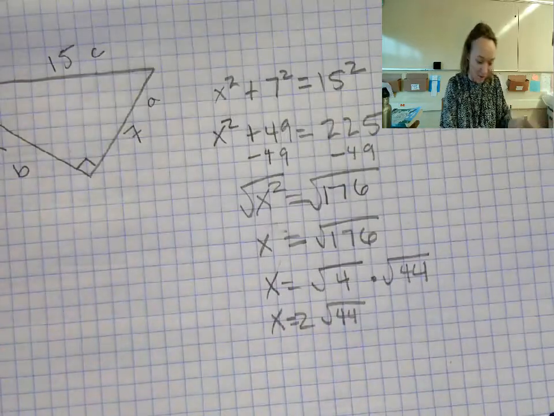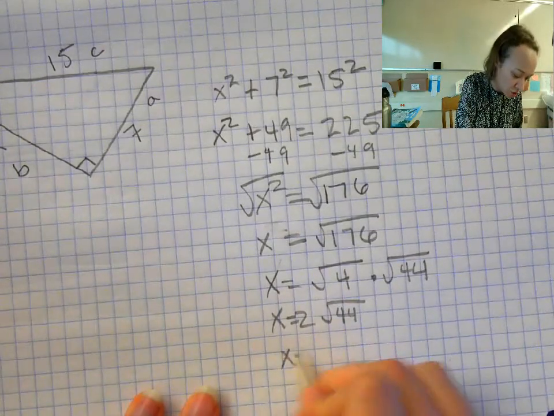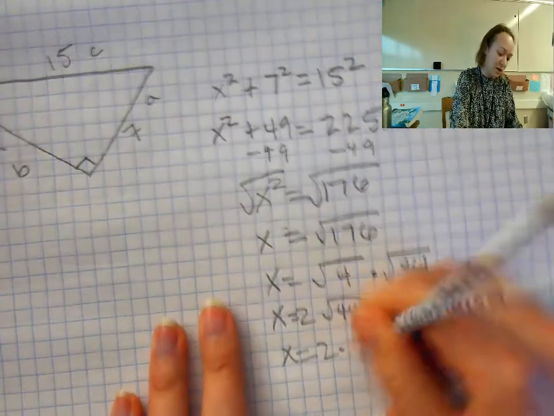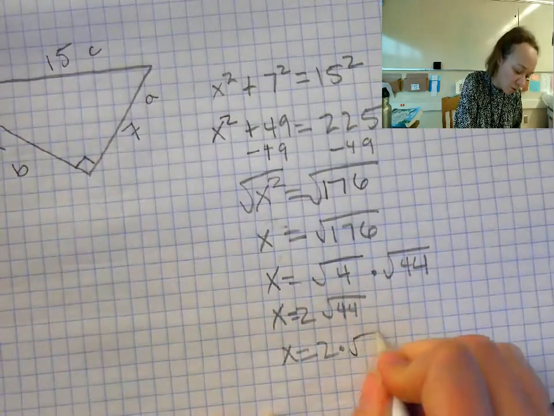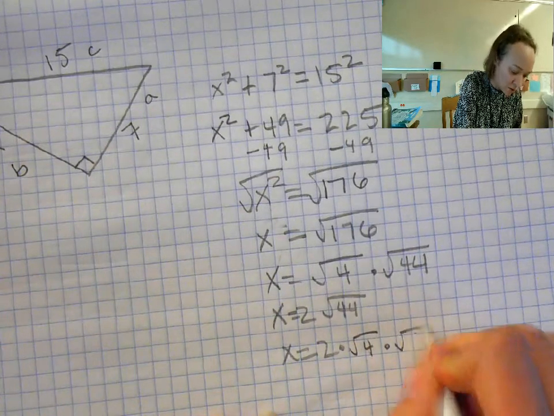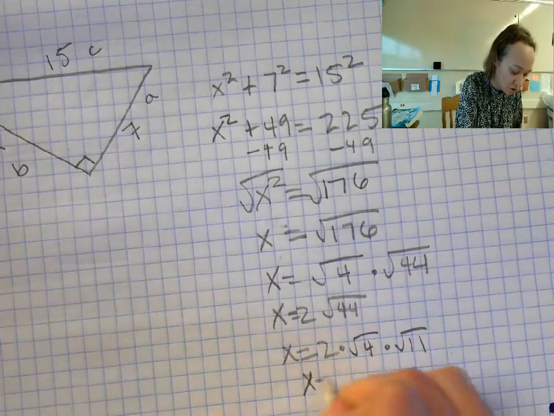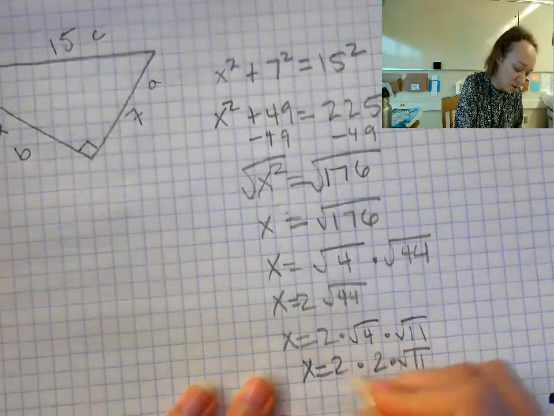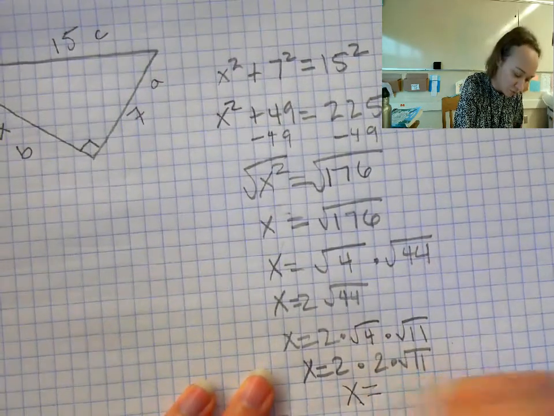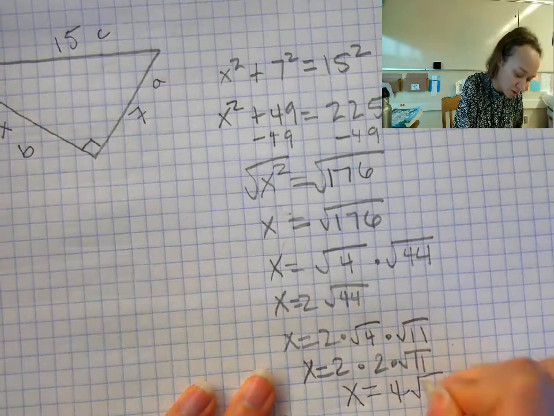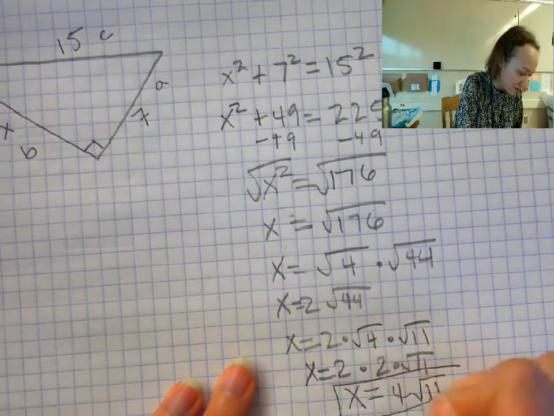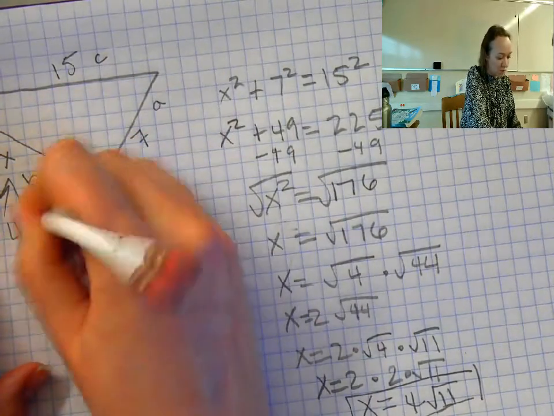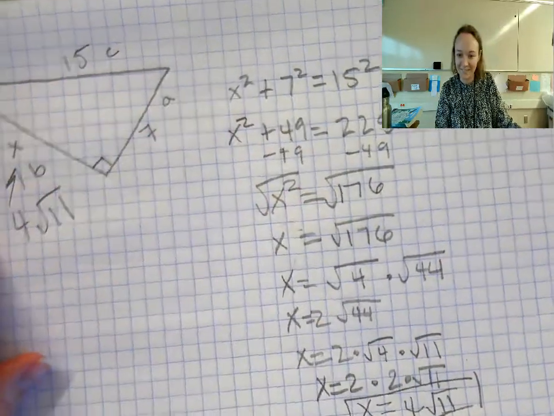I can see that's 4 and 11. So this is actually 2 times the square root of 4 times the square root of 11, which is 2 times the square root of 11. So this would simplify to 4 root 11. So my side length B over here is 4 root 11.